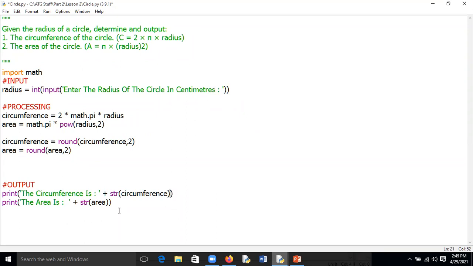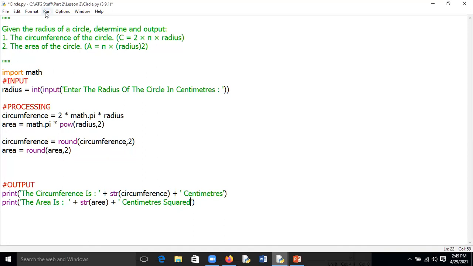And once again, the circumference is, and to make it more user-friendly, I'm going to come here and say the circumference is so many centimeters, and the area is whatever the area is, plus, and it's going to be centimeters squared.